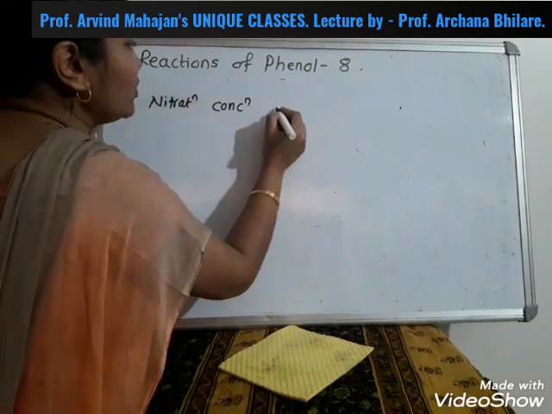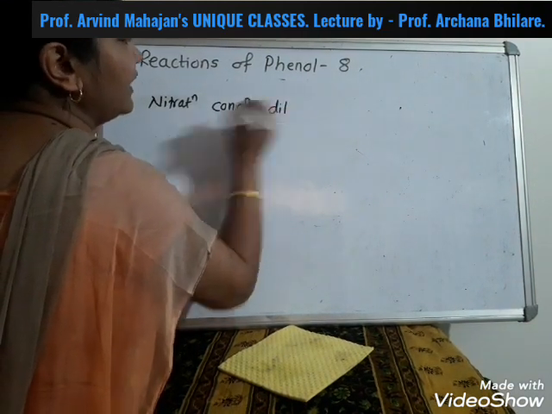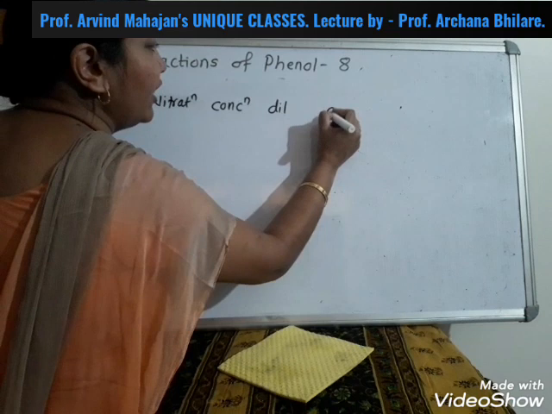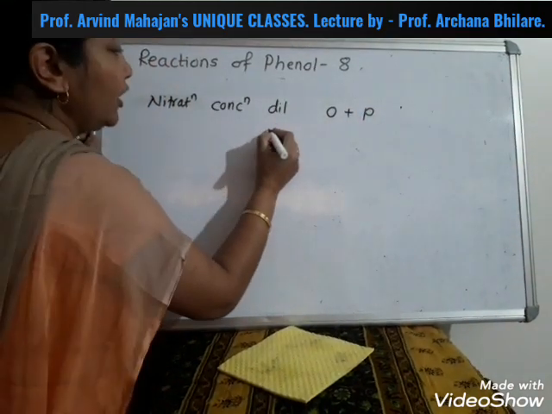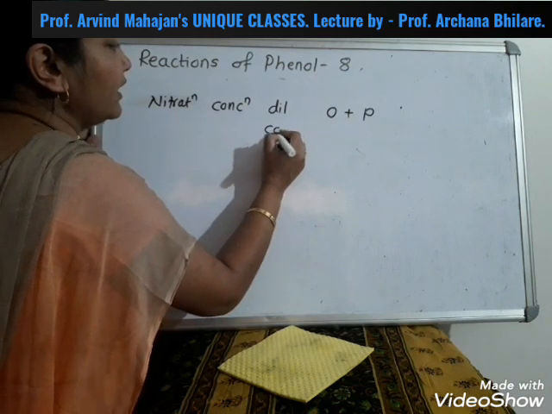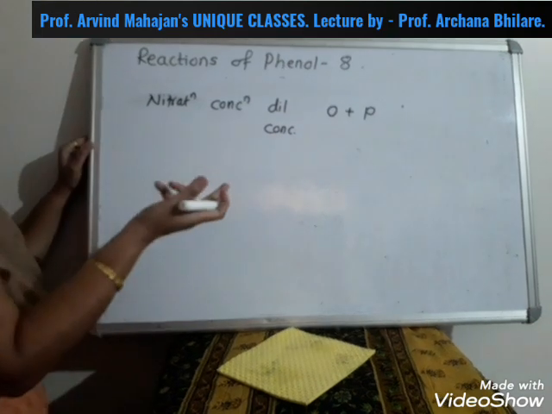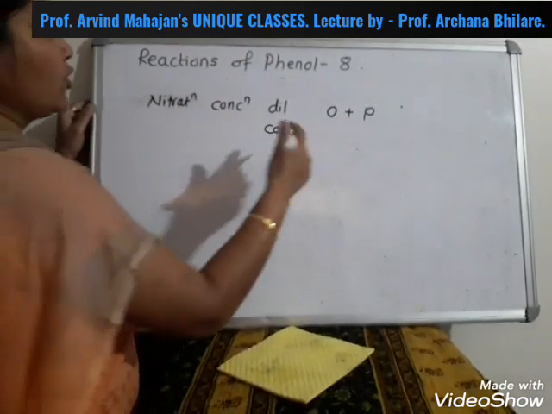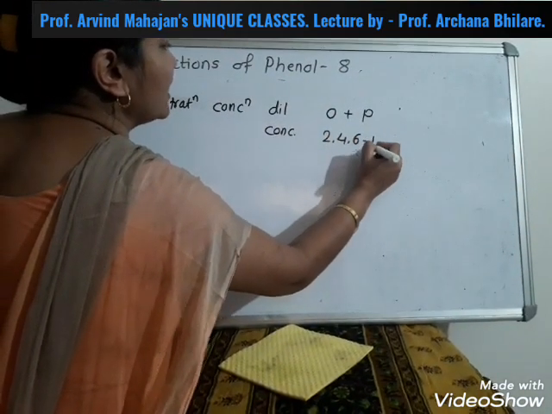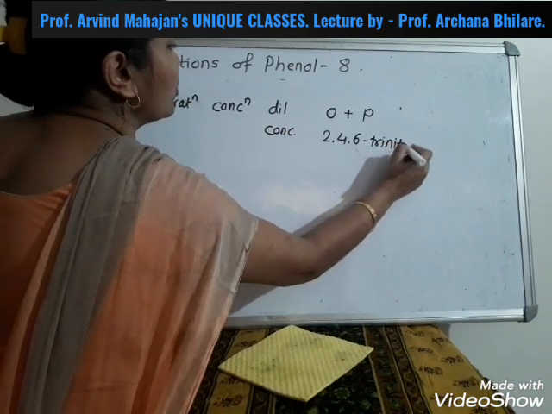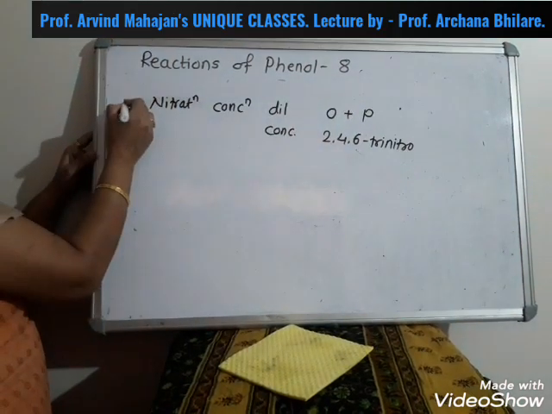If we use dilute nitric acid, we get ortho and para product. And if we use concentrated nitric acid along with concentrated H2SO4, then we get 2,4,6 trinitrophenol.